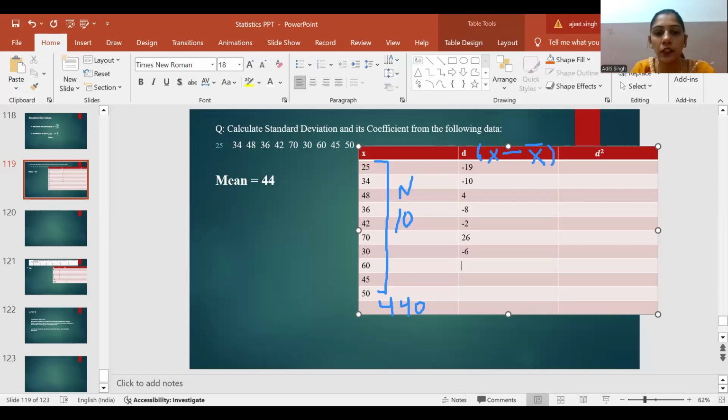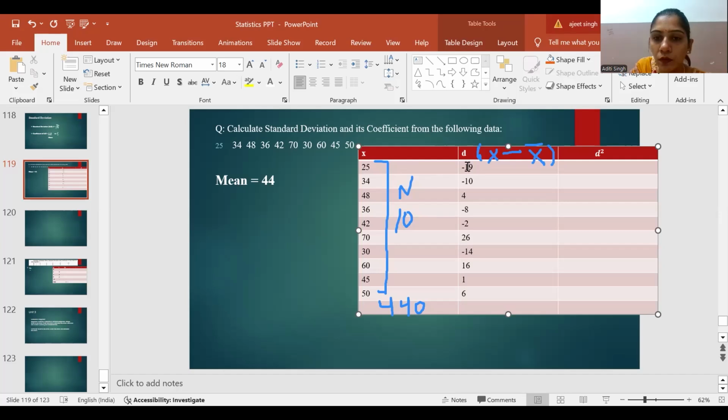Again 60 minus 44 is 16. Now 45 minus 44, it is 1. Again 50 minus 44 is 6. Okay, so this is how we calculate the value of d.